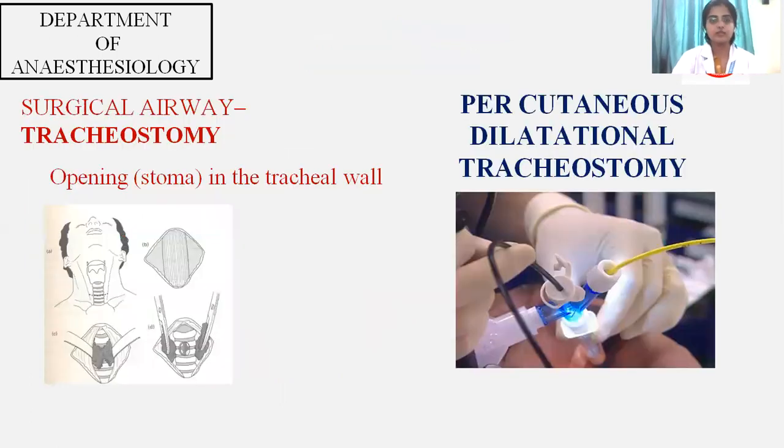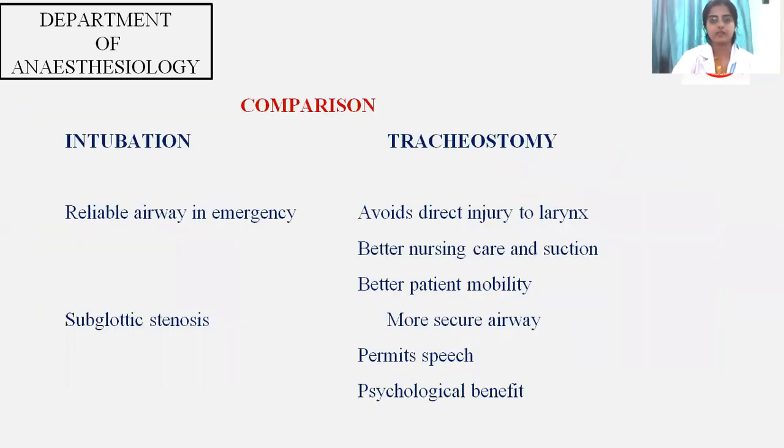Now, what are the kinds of surgical airways? There is tracheostomy, in which you make an opening into the tracheal wall, insert the tracheostomy tube and maintain the ventilation. Or we can even carry this out by percutaneous dilatational tracheostomy. Now, what are the differences between intubation and tracheostomy?